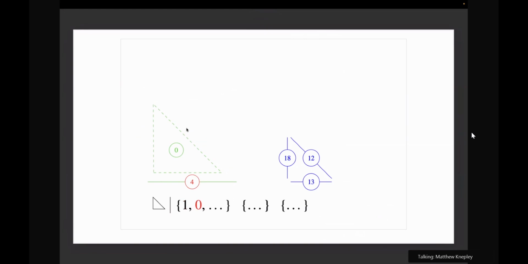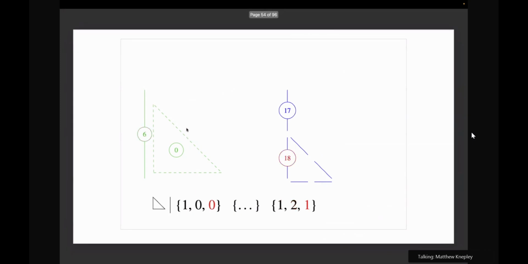If I take the first entry, that's 4. And if I take the first edge produced by 4, that's 13. So 1, 0, 0 is enough to tell me 13. And then I can do the end one the same way. You take one boundary, which gives me 4, 5, 6. You take the third member, which is 6, and you take the second thing that it produces, which is 18.